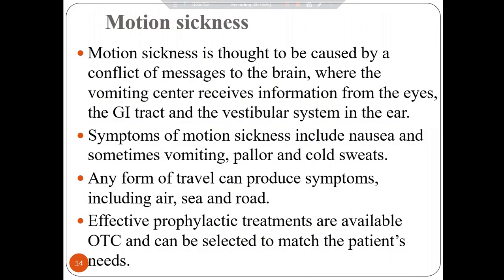Motion sickness results from the conflict of messages that come to the brain from different organs: from the eyes, from the GIT, and from the vestibular apparatus. Due to the conflict of these messages in the brain, this results in nausea and vomiting.